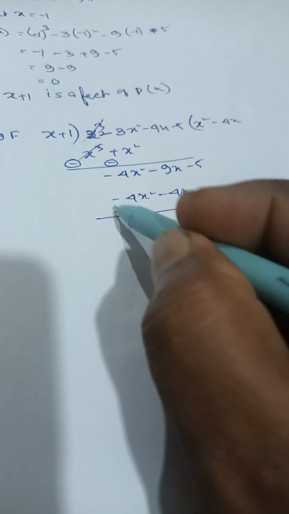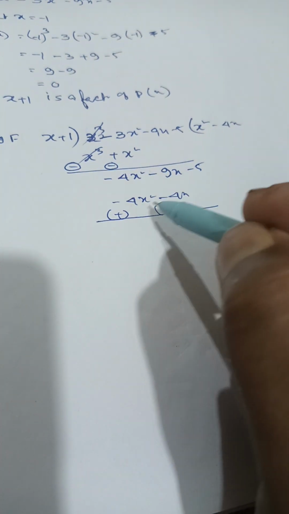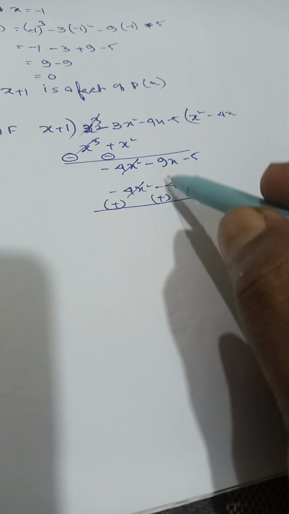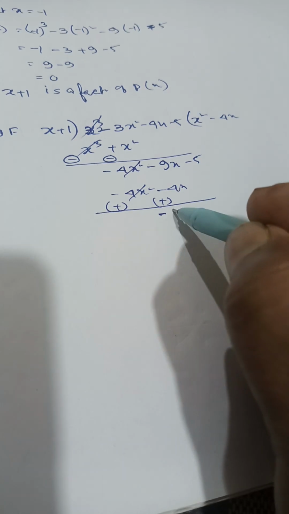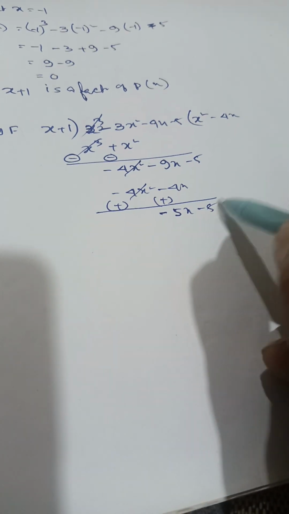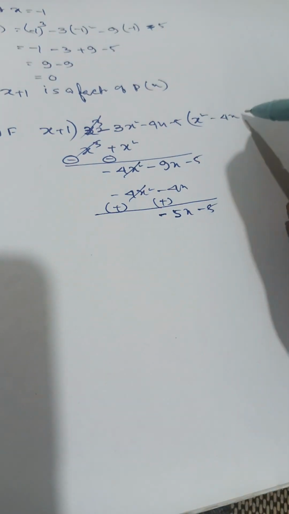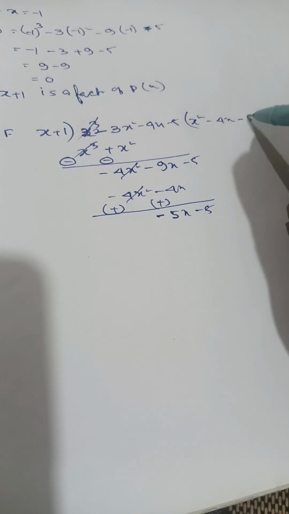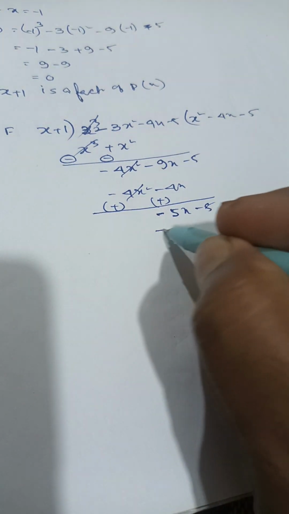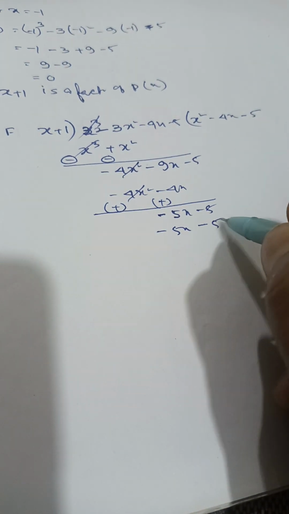Now again sign change. In case of division, sign will always be changed. So this cancels. The greater one is negative, so give negative sign. 9 minus 4 is 5x minus 5. Now again divide it by x, so it will be minus 5. So answer will be here minus 5x minus 5.